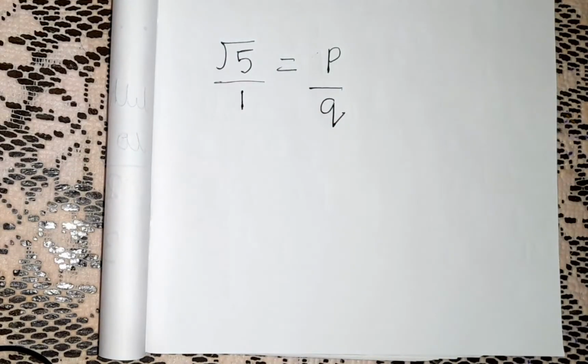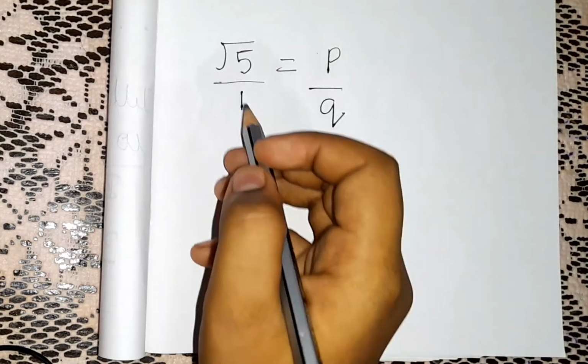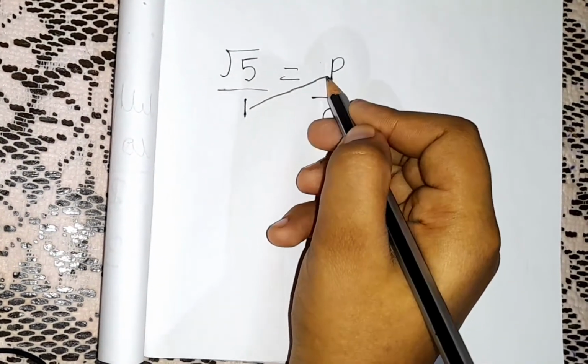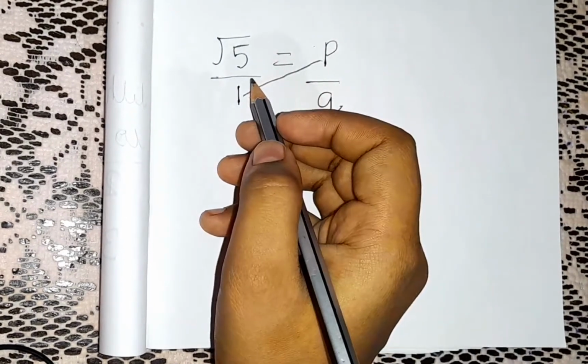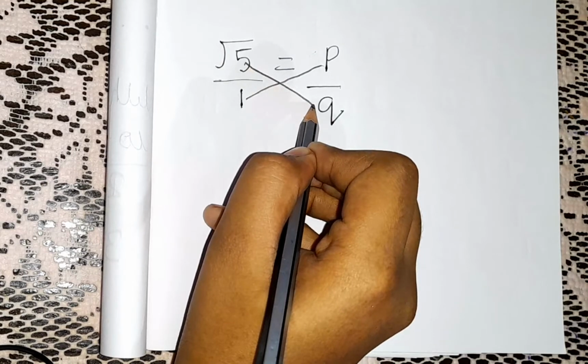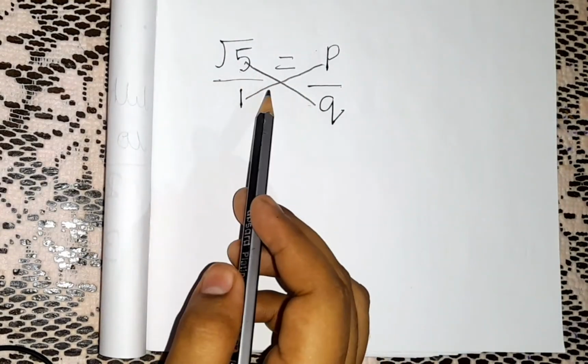Okay, now we are going to cross multiply it. When we cross multiply, 1 into P is P, and root 5 into Q is root 5Q. We are multiplying root 5 into Q. This is called cross multiplying.